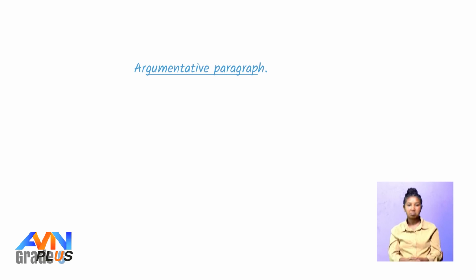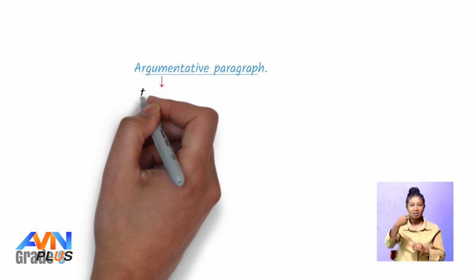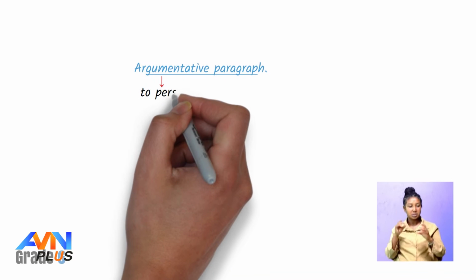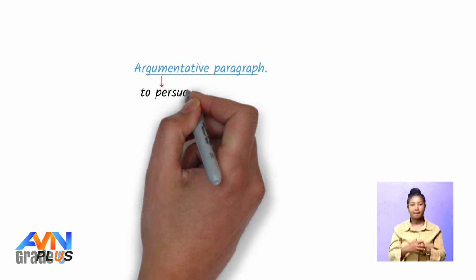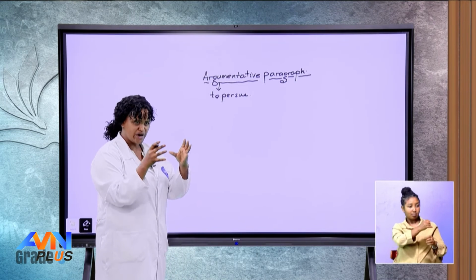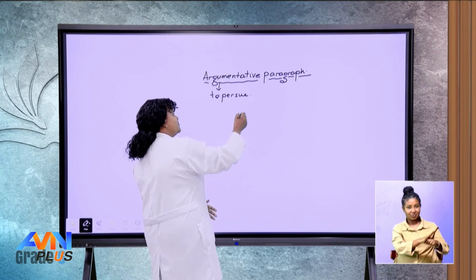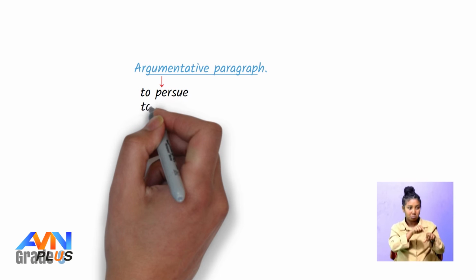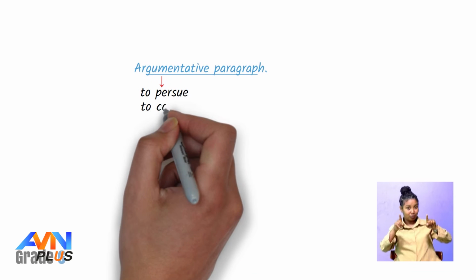Argumentative paragraph. Argument means what? Argument means to pursue. To pursue someone, to push someone, to put some pressure on someone to convince.